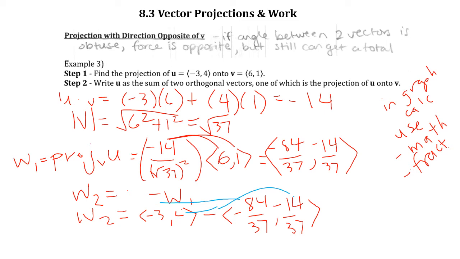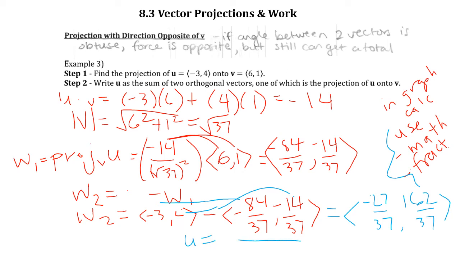It will give you a decimal, but then you go over here and use your math fraction button, and it will give you the nice fraction, which is actually really big, weird numbers: negative 27 over 37, and 162 over 37. And so U, which is the final answer, is this plus this.